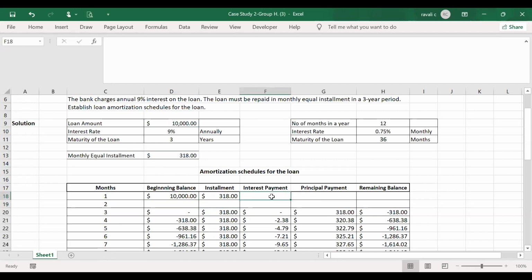And the interest payment is beginning balance into the interest rate.